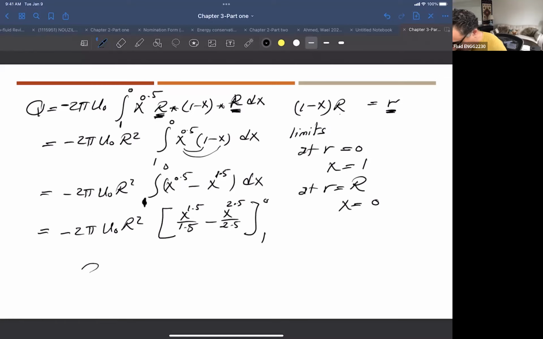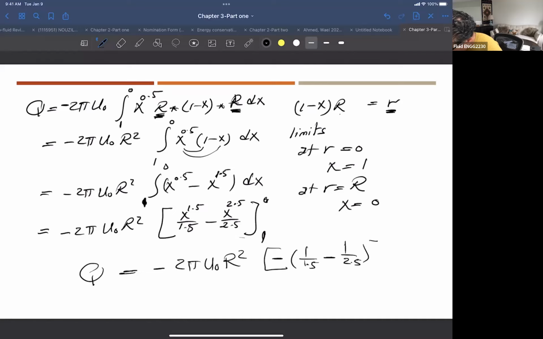Okay, Q here is very simple. You just do the limit here between 1 and 0, and you will find Q that is equal to minus 2 by U naught R square, minus 1 over 1.5 minus 1 over 2.5.